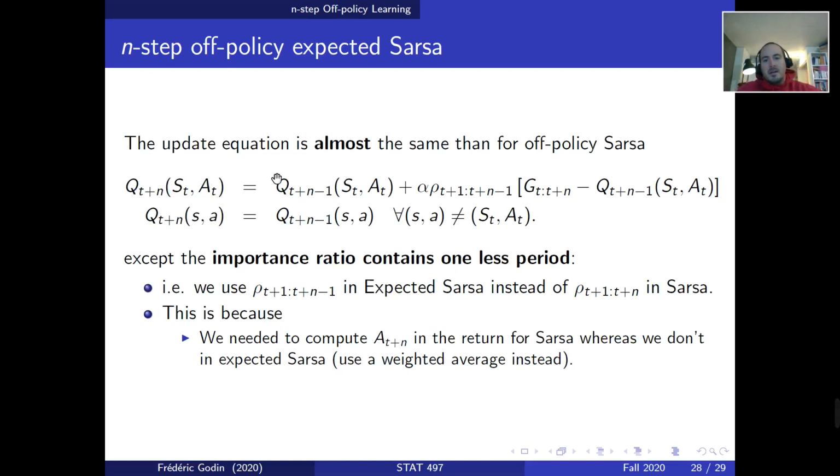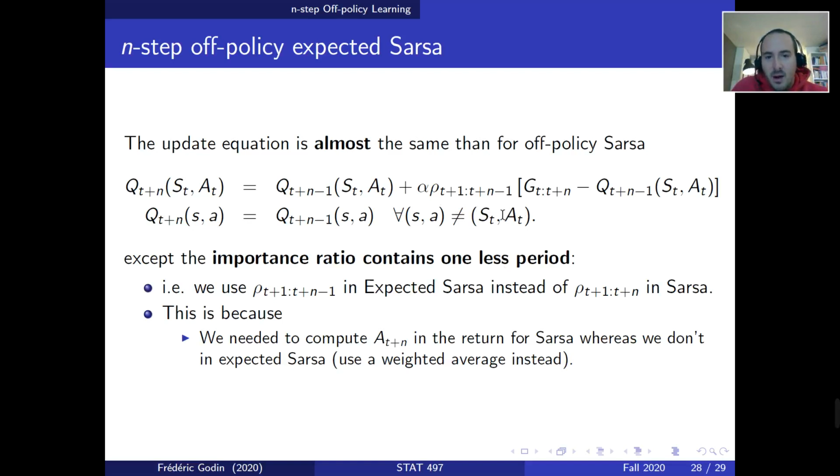So the next estimate is the previous estimate plus learning rate times importance sampling ratio times the target minus the previous estimate. So it's always the same kind of logic for the update rule. But again, what changes every time in the various versions of these algorithms is the importance sampling ratio.